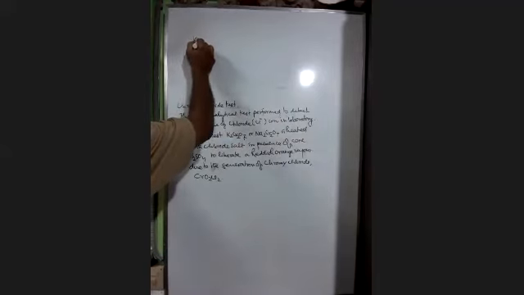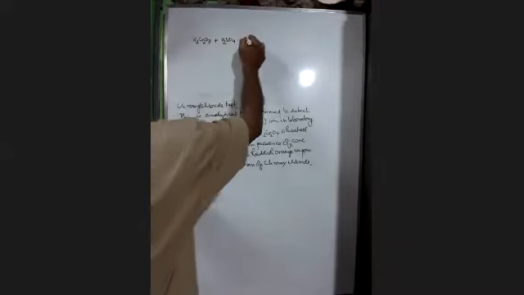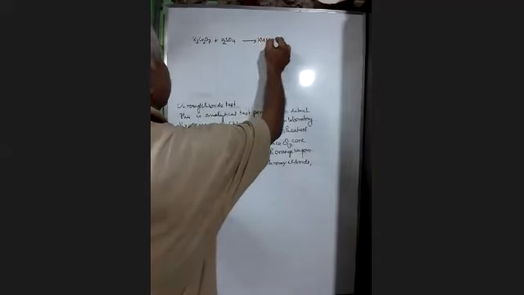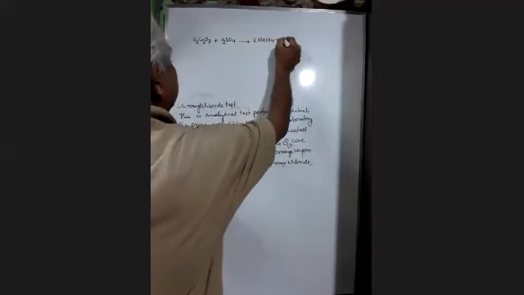Suppose I have taken potassium dichromate, K2Cr2O7, with H2SO4. I heated it. When I heat it, I get potassium hydrogen sulfate, 2 potassiums, and here you get CrO3, 2 chromium.